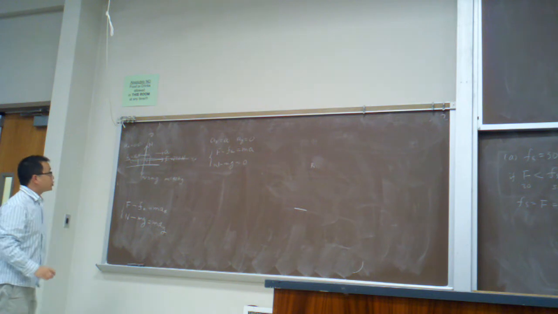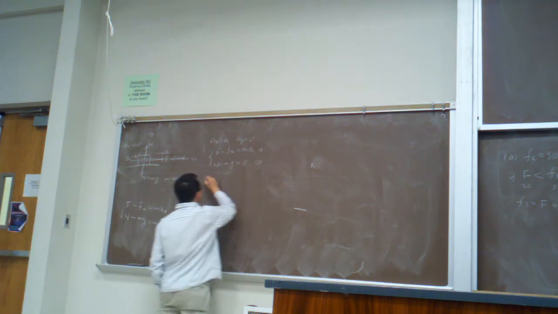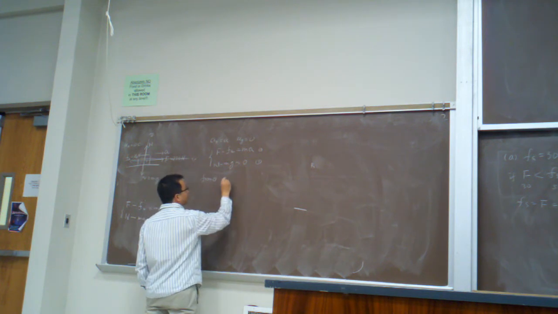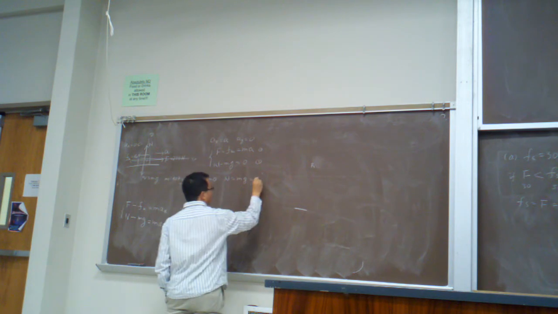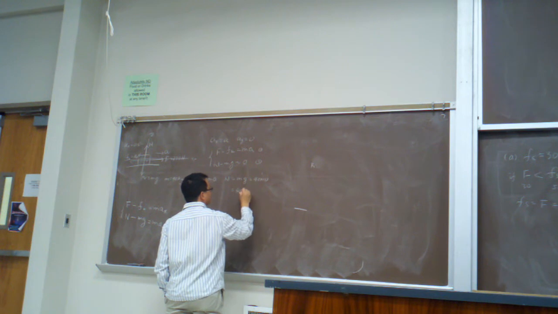Okay, and if you look at the second equation, from equation 2, you should get N equals mg equals 40 multiplied by 10, which is 400 Newton, right?